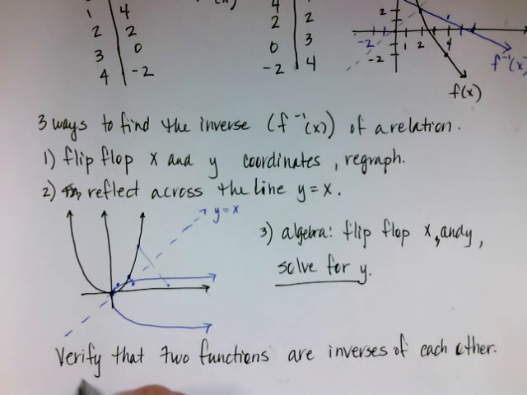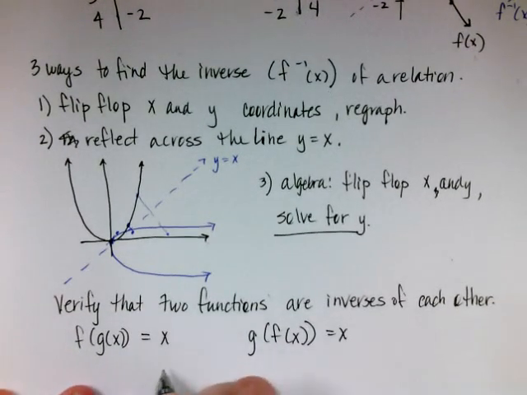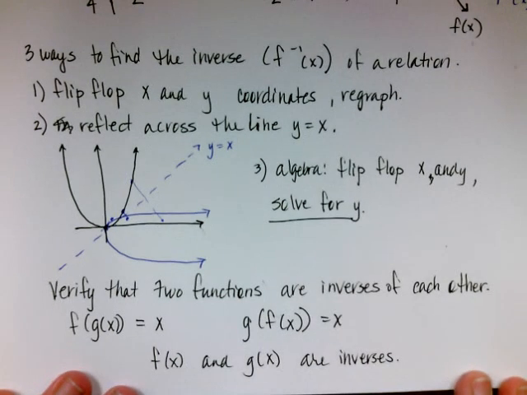So if I do the composition f of g of x and I get an x, and then if I do the composition the other direction, g of f of x, and I also get x, then that tells me that f of x and g of x are inverses. So this is a way of proving that two functions are inverses of each other just by doing a composition, which is why we learned how to do the compositions first.